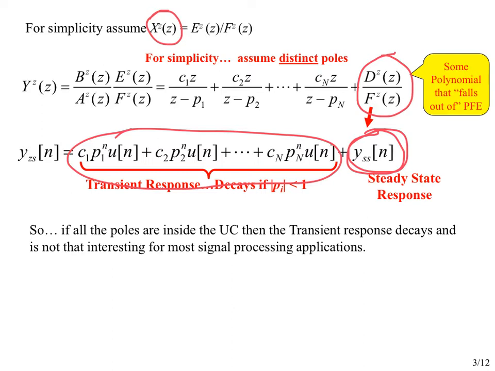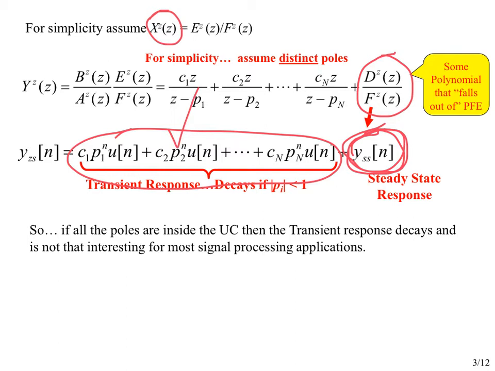In signal processing applications, we're usually applying a signal and then looking at what happens long after we've started applying that signal. So in signal processing applications, we're very much more interested in the steady state response. And later in the course, I'll talk about ramp up characteristics of filters, and that is actually this transient response.